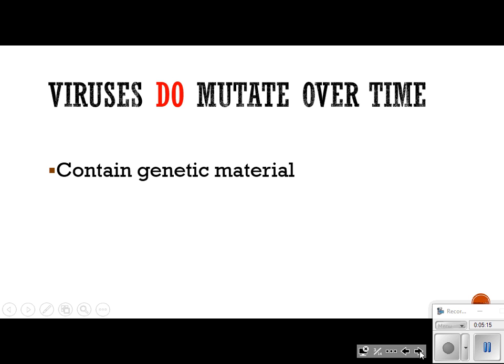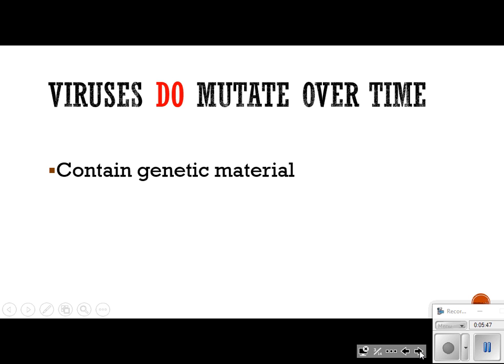So that genetic material can mutate. We talked about different types of mutations: deletions, insertions, substitutions. Okay? And those were all dealing with a genetic code. Well, viruses contain genetic material. So viruses will mutate.